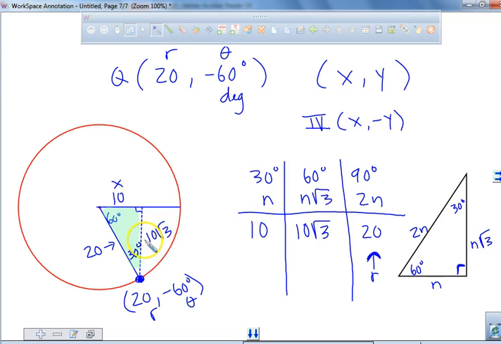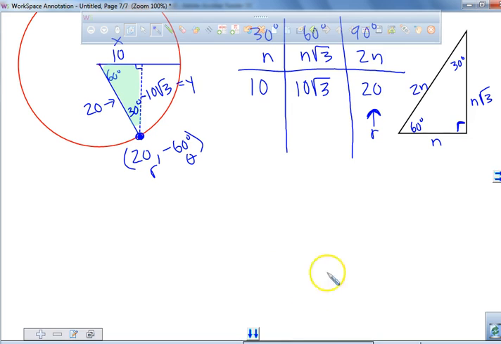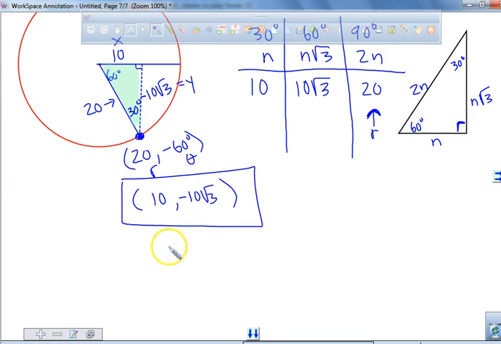This right here, I'm going to make a little negative sign right now, is equal to your Y value. So what is your exact answer, not in polar form, but in rectangular form? Your final answer is 10, negative 10 radical 3.